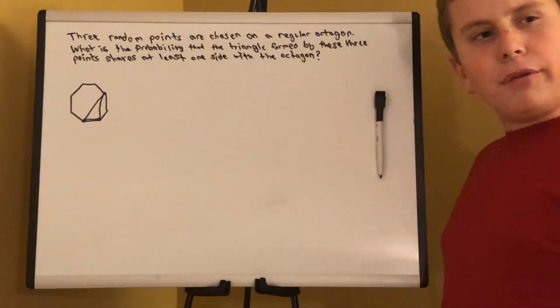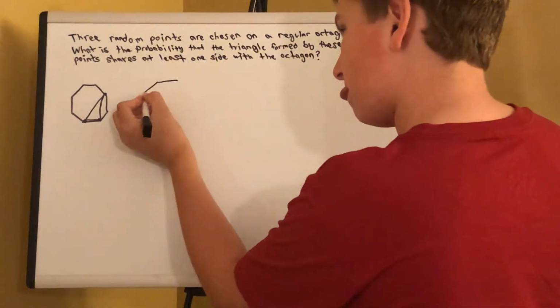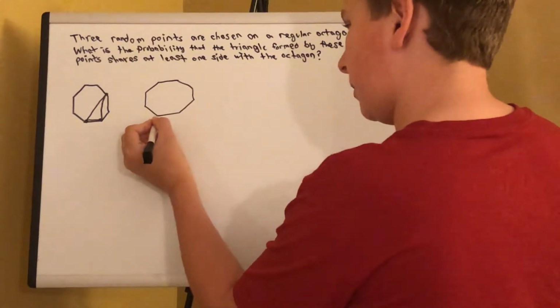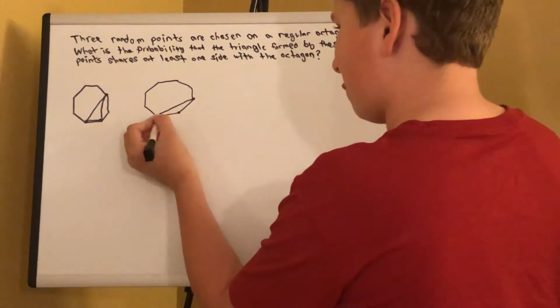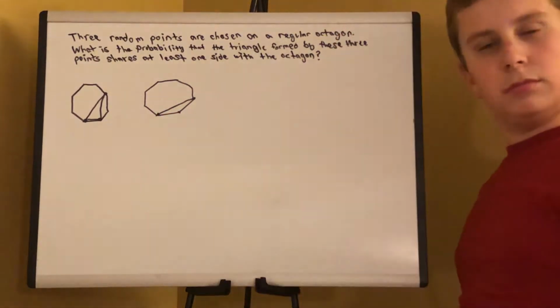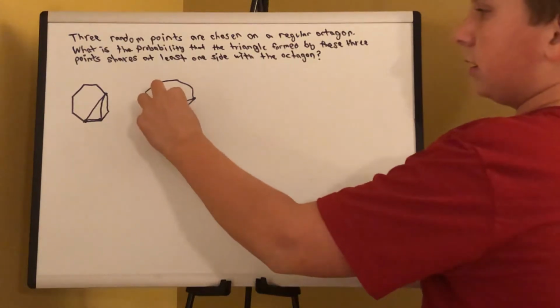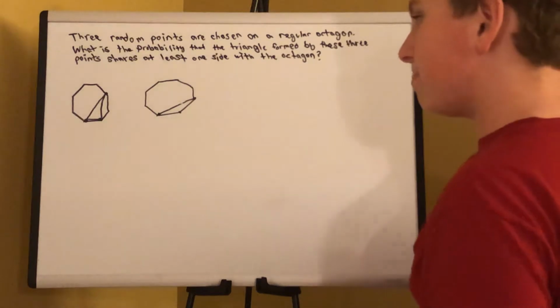So let's think about different cases. Well, if we were to share 2 sides with the octagon, we would have to be like this, right? And when you think about it, we can just rotate this 8 different ways around, right?